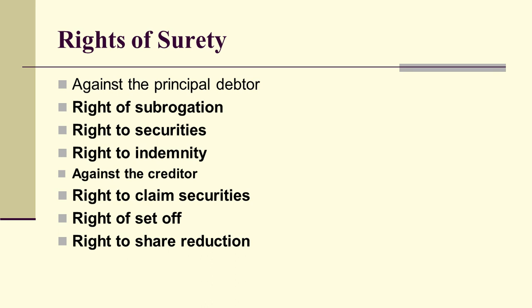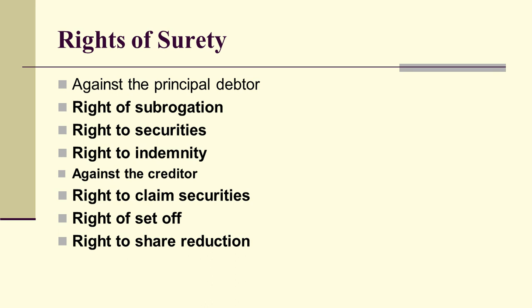Against the creditor, the surety also has the right to claim security from the creditor, and it also has the right to set off. If the creditor sues the surety, he can claim set off or counterclaim which the debtor had against the creditor.